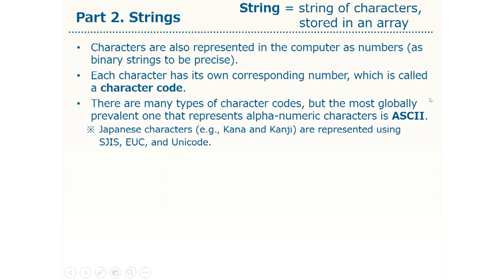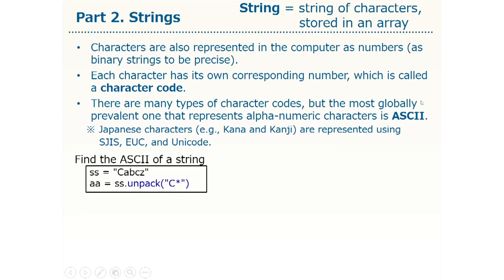There are two important commands for using ASCII. The first one is to compute ASCII-based numbers for characters in a given string. For example, consider these two statements. By the first statement, the string CabcZ is stored in a string variable ss. By the way, this is the way to initialize a string variable.